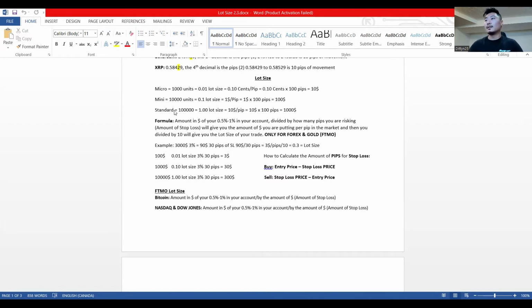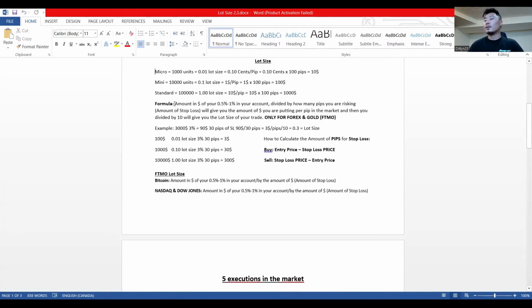Okay, but this formula, for most brokers, is applied only on Forex and gold. Like I said, for most brokers, if you want to make sure, just start with a demo account, and then you will see if this rule, this formula, applies to your broker.